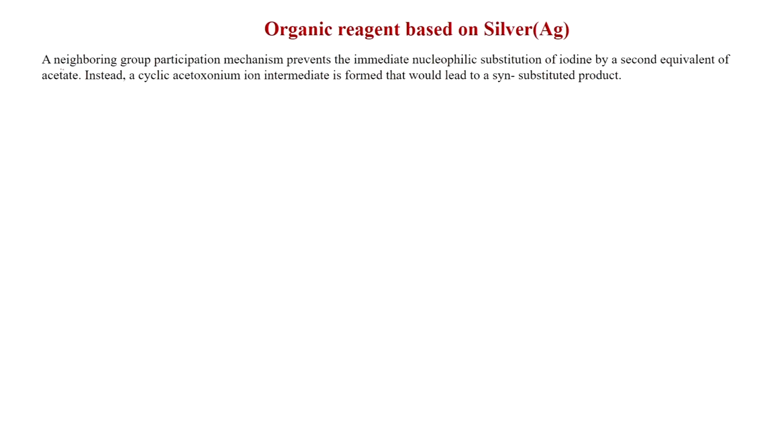In the second stage, a neighboring group participation, this is important. A neighboring group participation mechanism prevents the intermediate nucleophilic substitution of iodine by a second equivalent of acetate. Instead, a cyclic acetoxonium ion intermediate is formed that will lead to a syn substituted product. So this is very important. Whenever a neighboring group is present, then the neighboring group can react with the electrophile.